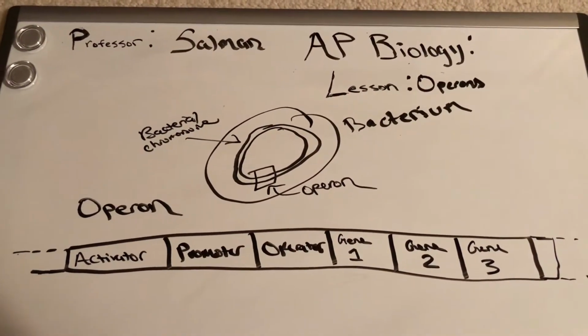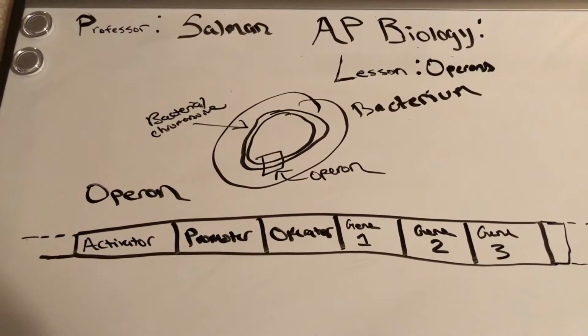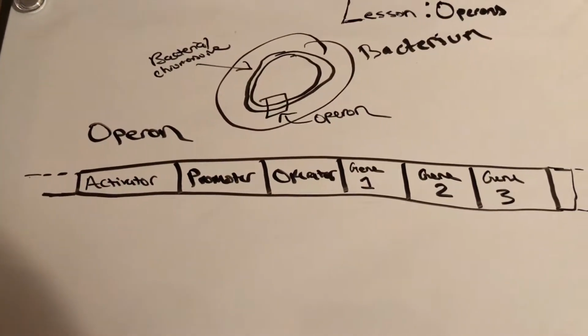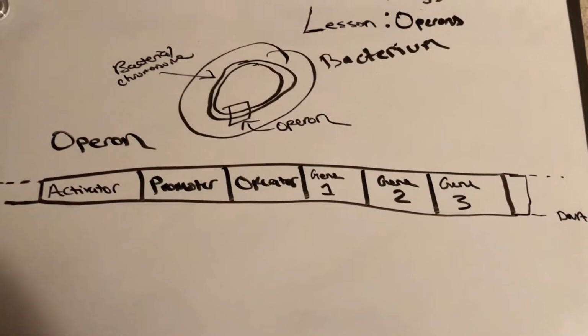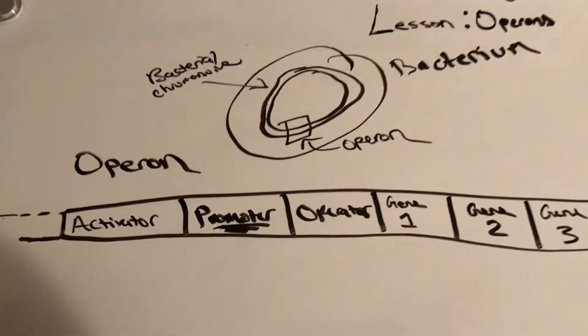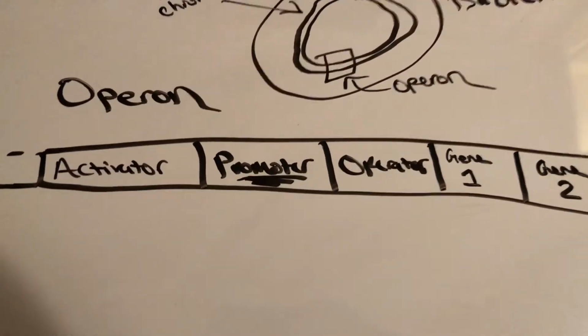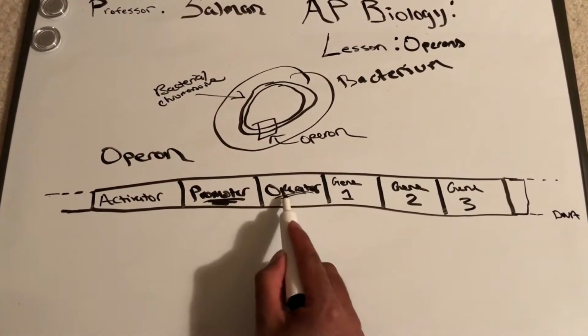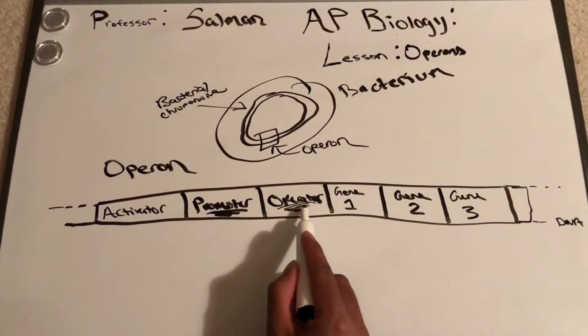So basically, this promoter region is where you can have many specific proteins bind to it. And specifically, one protein that binds to this promoter region is called RNA polymerase, as we'll be seeing in specific examples. And your operator region is basically a negative regulatory feedback mechanism in a sense.